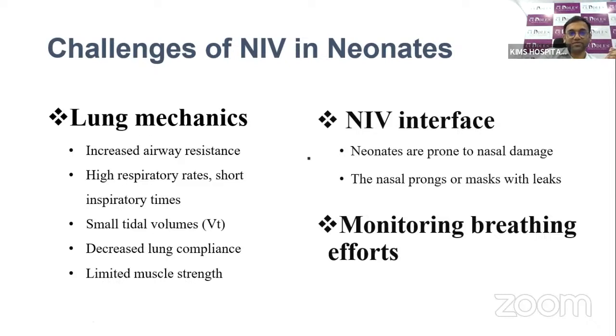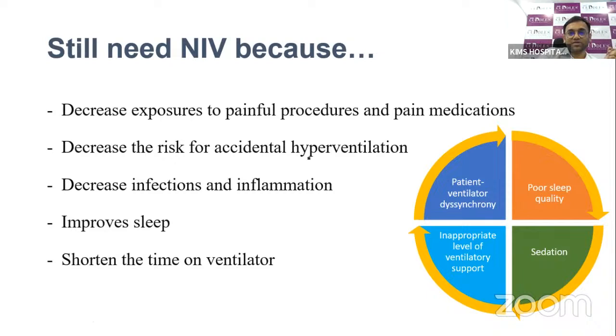But still we need NIV because, as we know, intubation is a very painful procedure, and in order to decrease the pain we need to give so many medications, and the ET tube placement in the trachea itself is painful. So we need to provide some kind of analgesia for these babies, and these analgesics have side effects. If you don't have adequate assessment of the ventilation, it can lead to accidental hyperventilation and more lung damage.